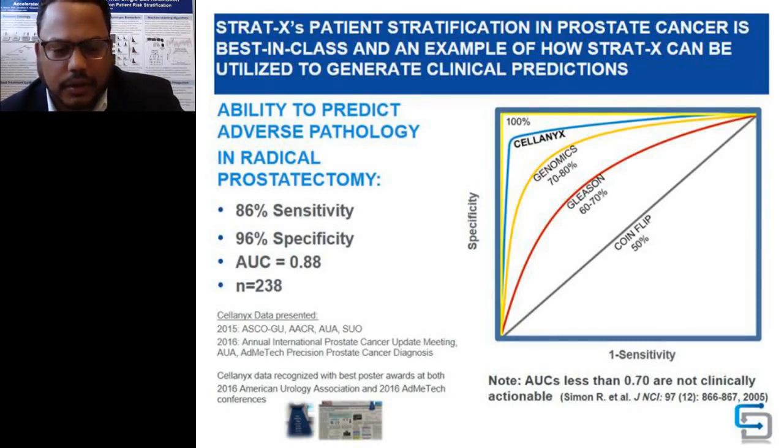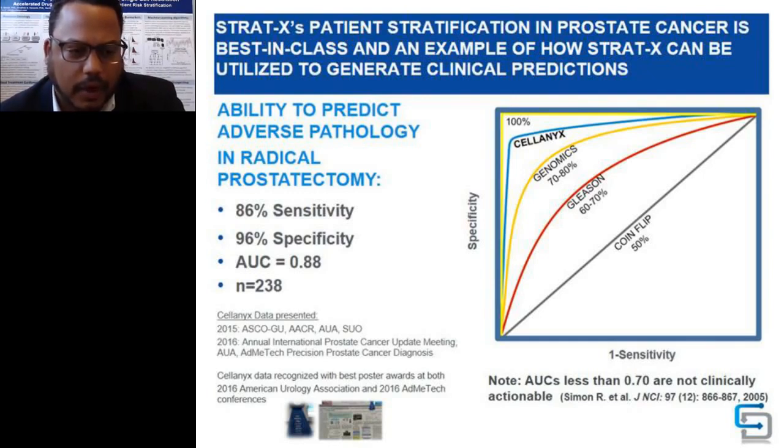And again, that's the gold standard of prostate cancer diagnosis, in as much as the prostate is removed and interrogated by the pathologist to understand what exactly happened within the prostate. And being able to predict that, certainly before the surgery, is a very important, and one might consider the holy grail of prostate cancer diagnosis.